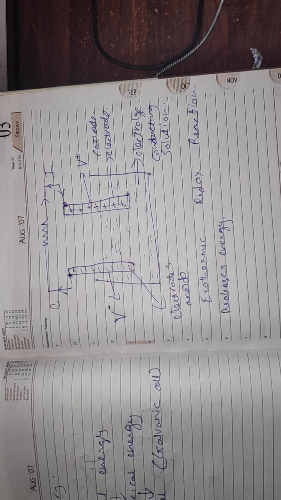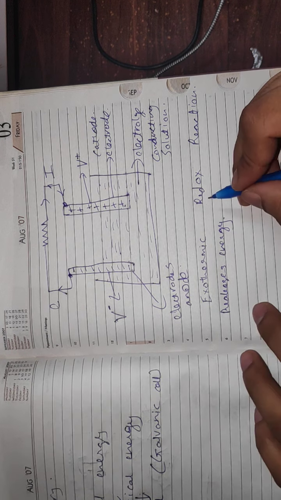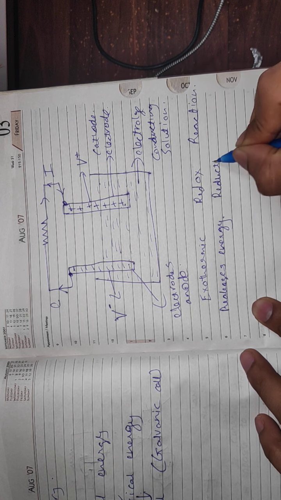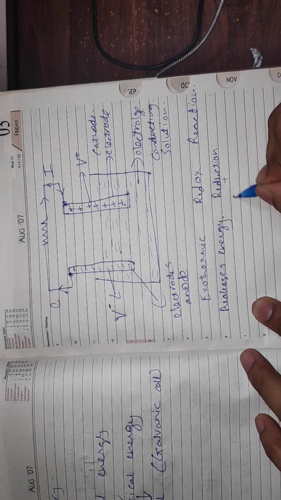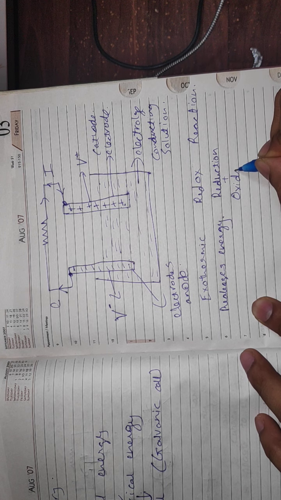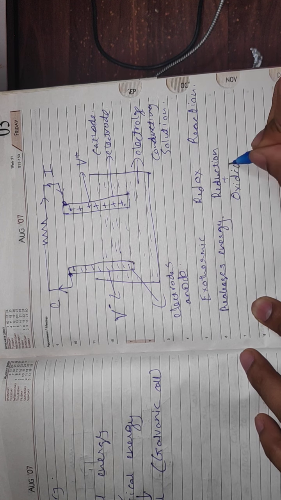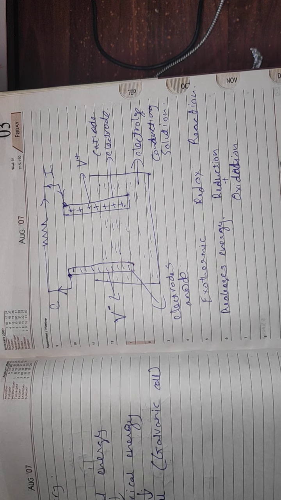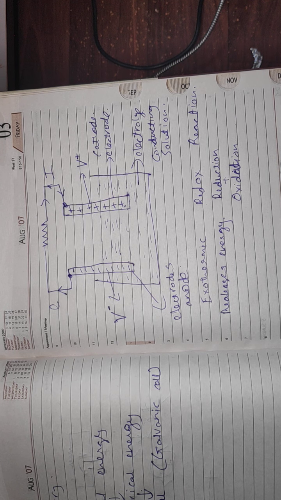Which releases energy. And what is redox? It is reduction plus oxidation. A reduction plus oxidation reaction will take place inside this system.